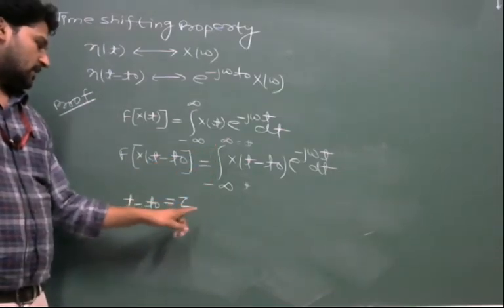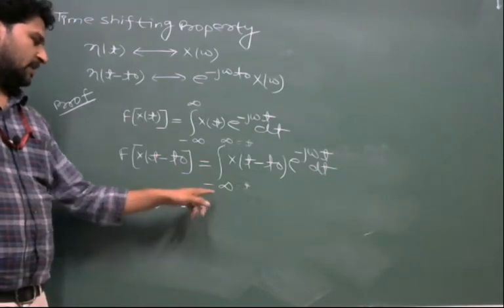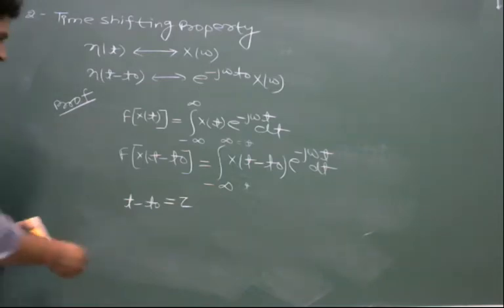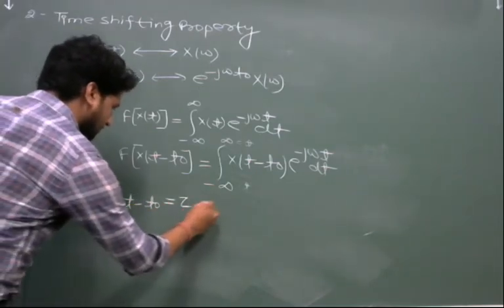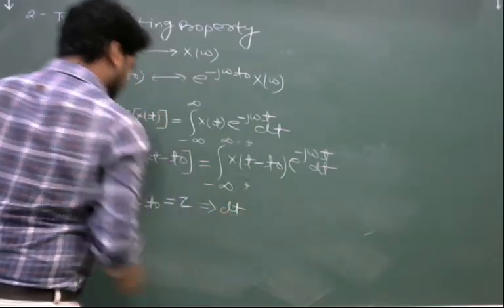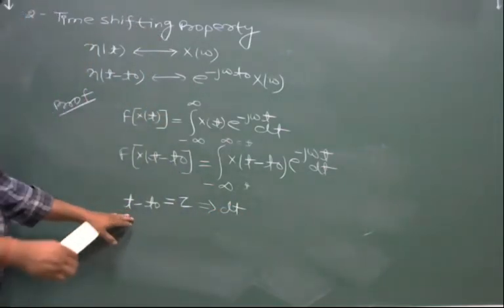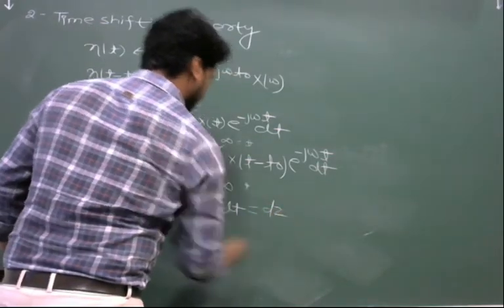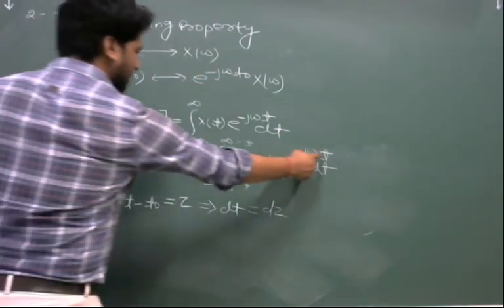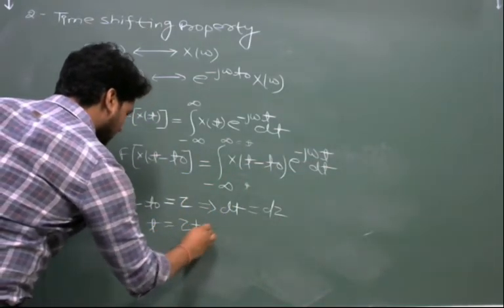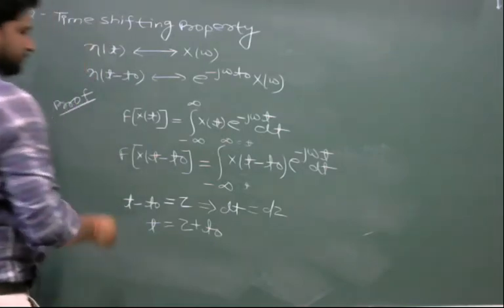It means the limit on z will remain the same as it was on t, and from here, differentiating, dt is equal to dz, and also t can be replaced by t is equal to z plus t naught.